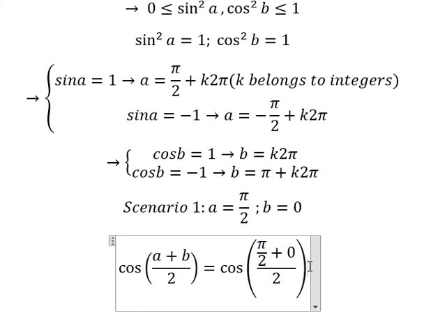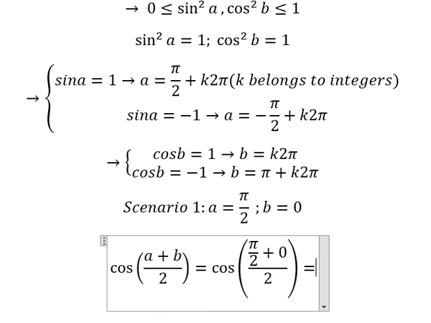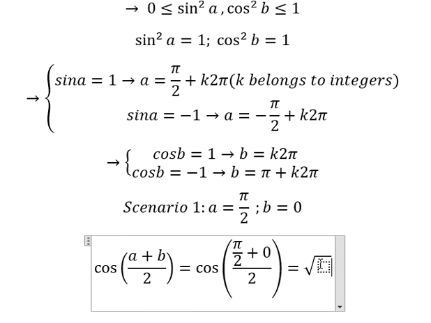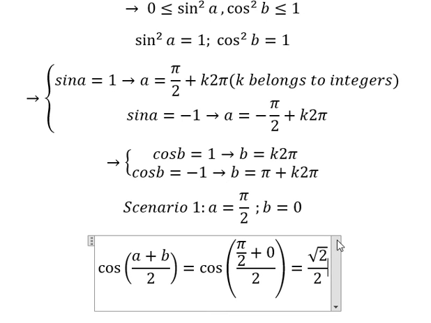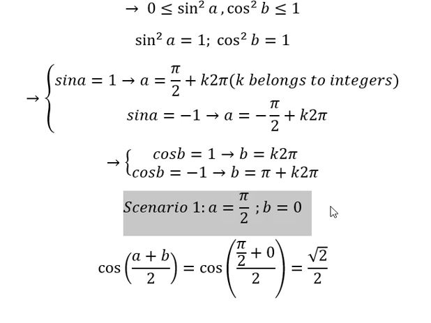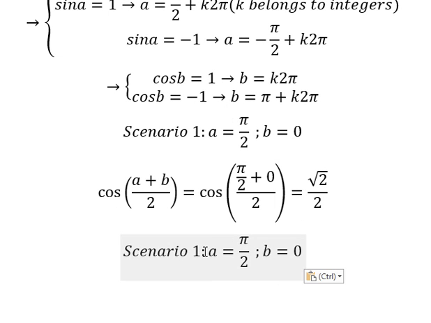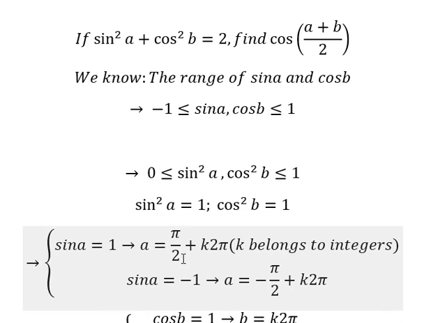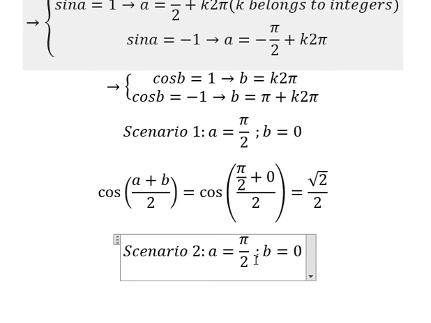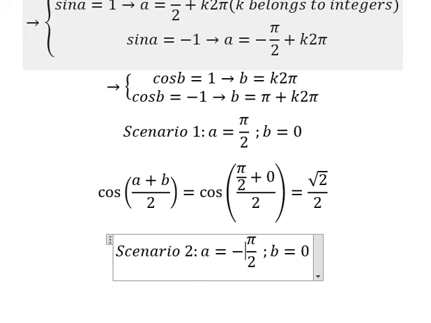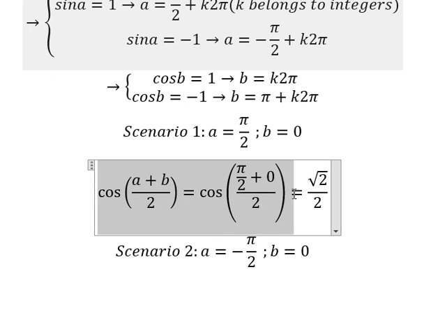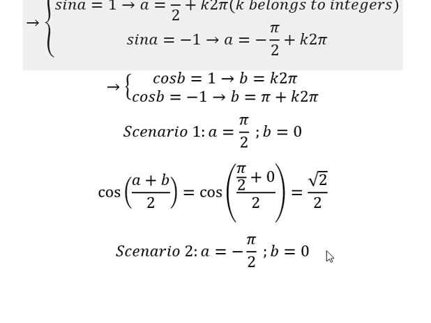You will get the square root of 2 over 2. Scenario number 2, a equals negative pi over 2, and we keep b equals 0, and you get the same value as this one.